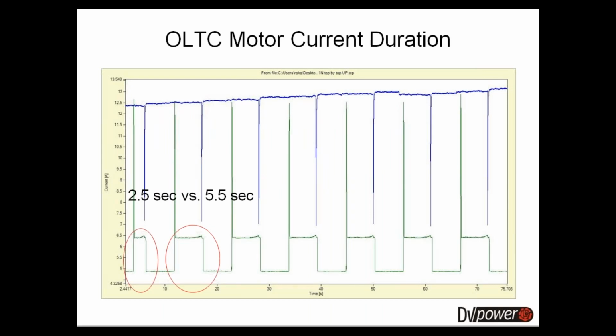And you can see if one of the operations is shorter or more pronounced or faster than it should be, and if it operates more or less on individual tap positions. So here you can see that in position 1, the tap changer motor operates for only 2.5 seconds, while on all other positions it operates for 5.5 seconds.